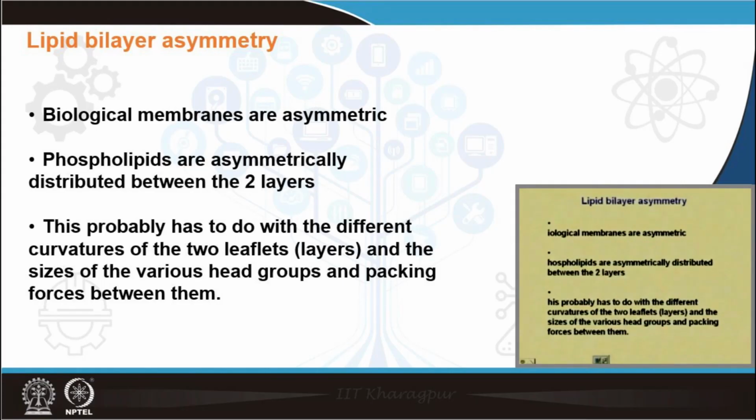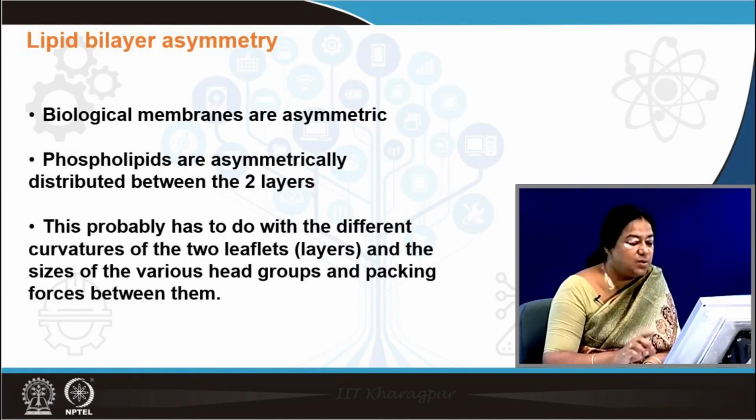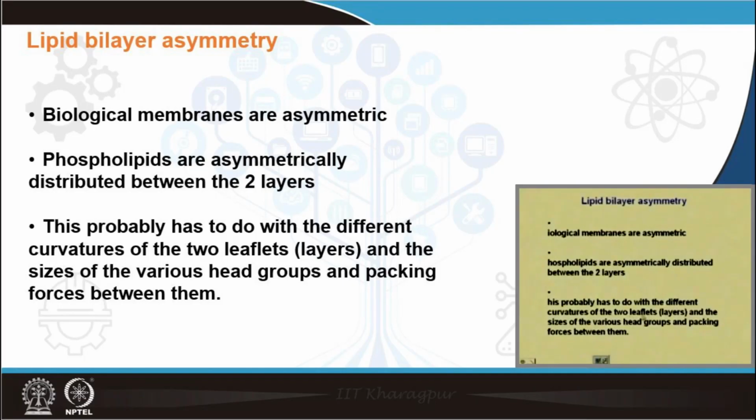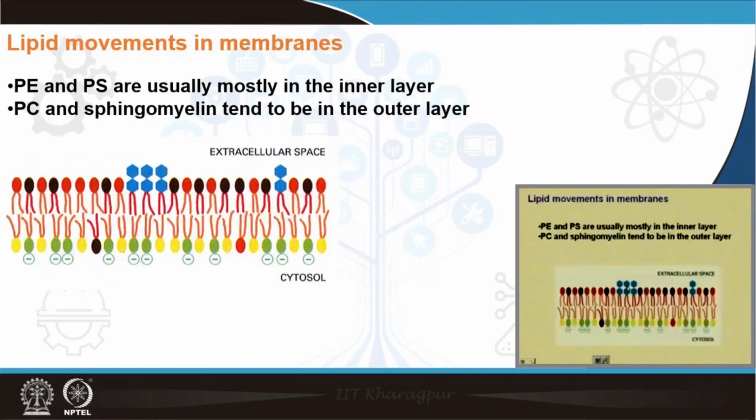And how can we bring that about? By changing the type of fatty acid, changing the type of polar head group. That is the way we can bring about a change in the curvature of the two layers, by changing the size, changing the packing. How do we change the packing? By changing the fatty acid. Okay. So, this is what we can do.